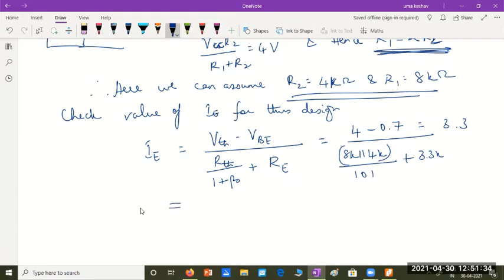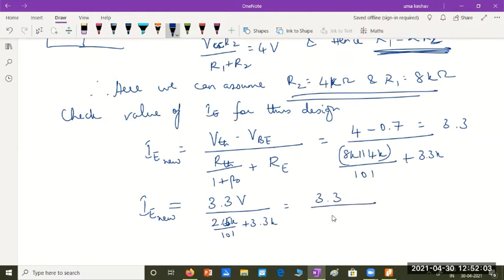Can you tell me what you will get now? 3.3 volts. Maybe this will be around 2.6K by 101 plus 3.3K. 2.64 or 2.65. So 3.3 divided by how much?